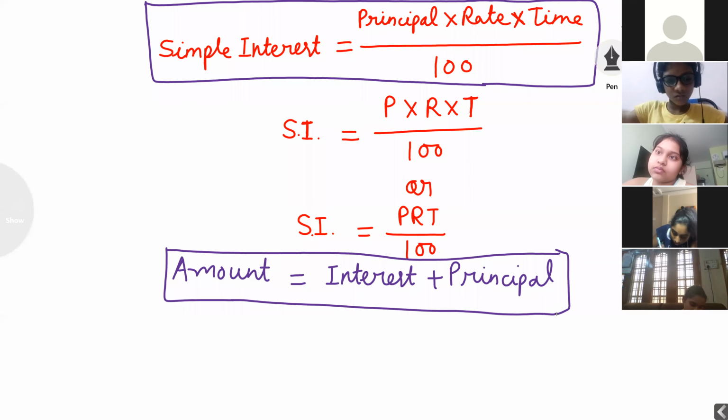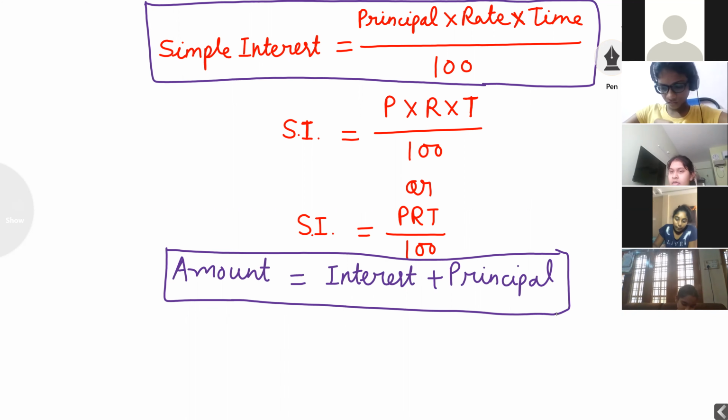How to keep this formula in mind? In simple interest there are three terms, P, R, T, multiplied and divided by 100. Amount starts with A, interest starts with I, principal starts with P. Alphabet A comes first, then interest, and P comes last. A is equal to I plus P. I and SI are both the same. Interest and simple interest are both the same, students.